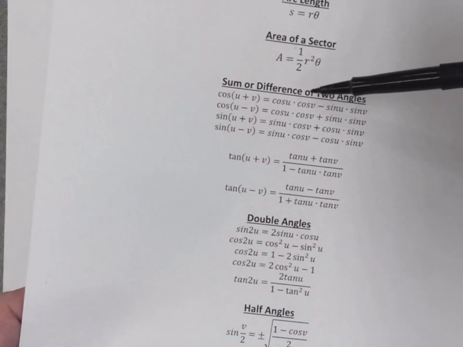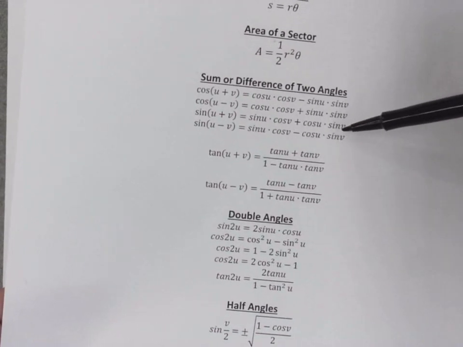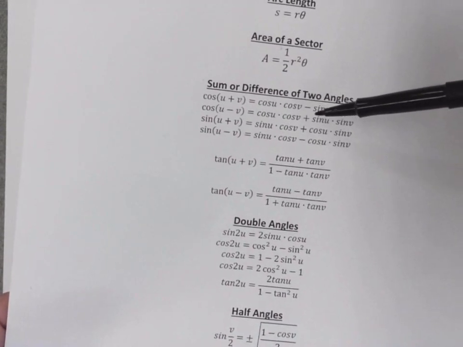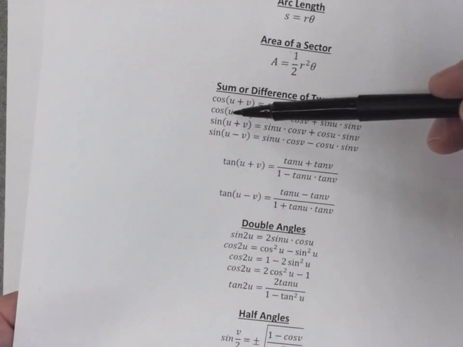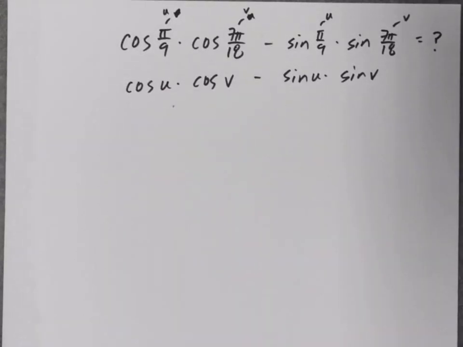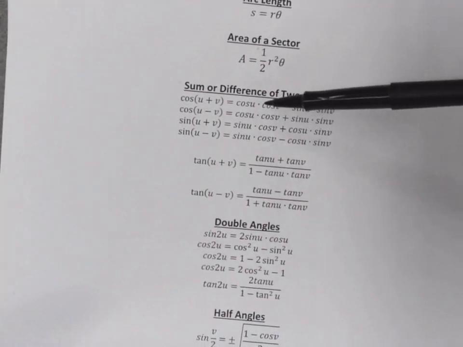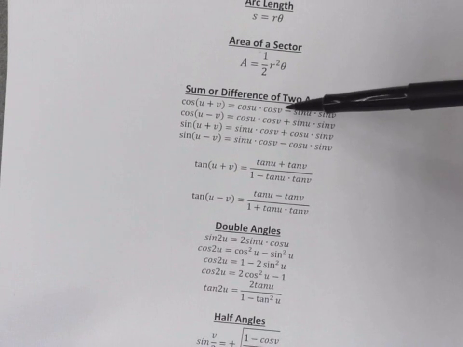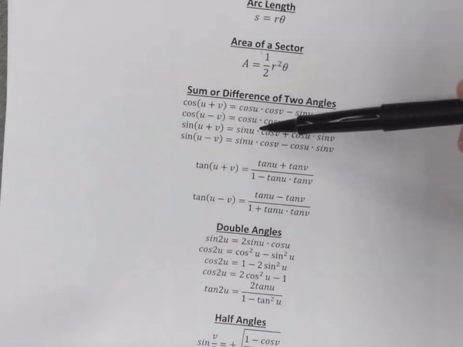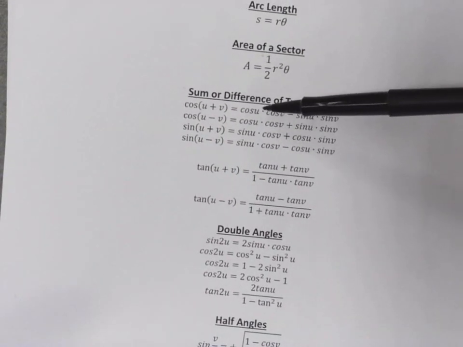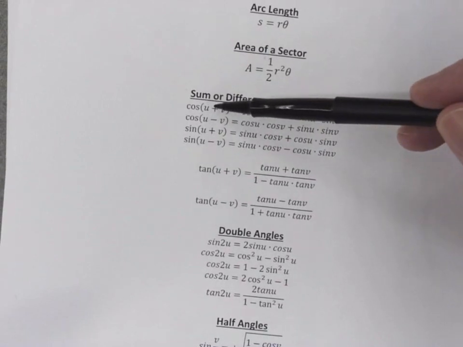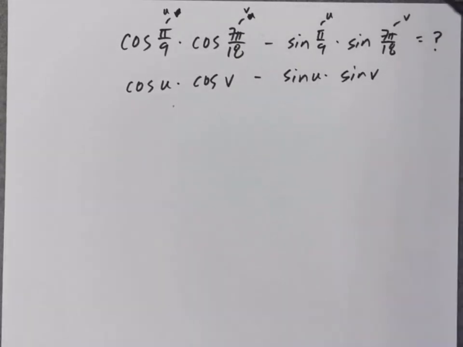It's like we're starting with the right-hand side of the formula, and we're going to use it to figure out the left-hand side. Since it's minus, cosine, cosine, minus sine, sine, it's pretty easy. It's the one that's like that. So this is cosine of u plus v.